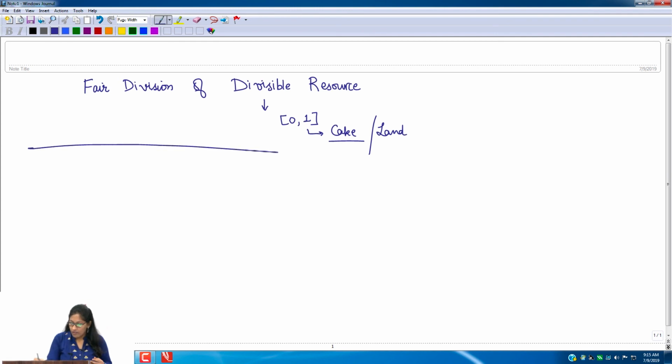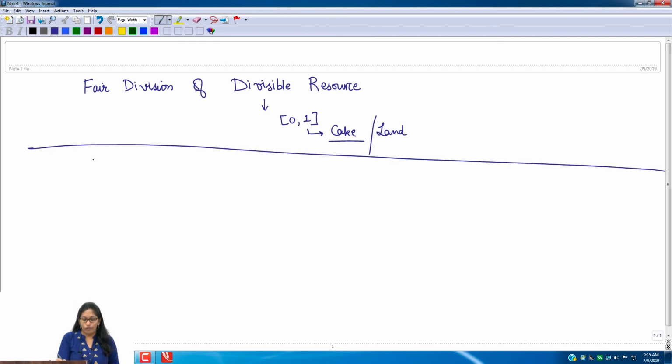To begin with, we saw some notions of fairness, and the first one was proportionality. Can anyone recall the definition of proportionality for me?